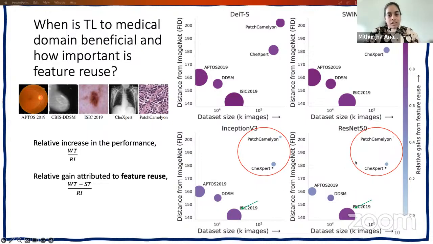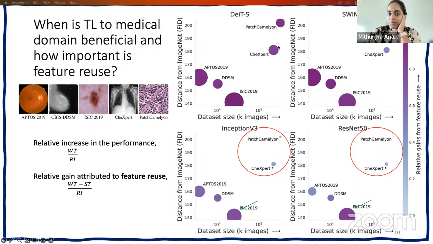And when you compare this ViT-based model, the DeiT, the data-efficient image transformer, it is always benefiting. It's always in purple, somewhere between 0.8 and 1. But this is also a ViT-based model, the Swin Transformer, but here you can see the Patch Chameleon or expert is not performing well.